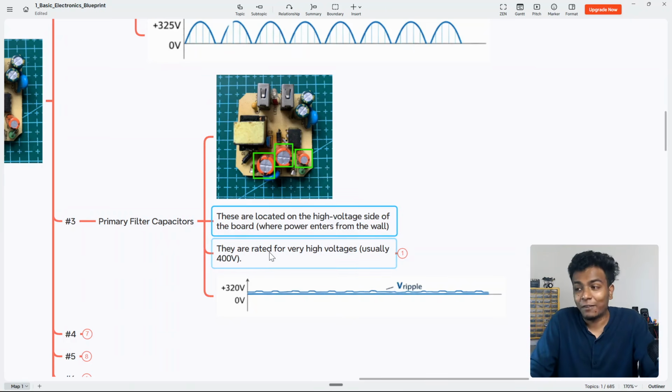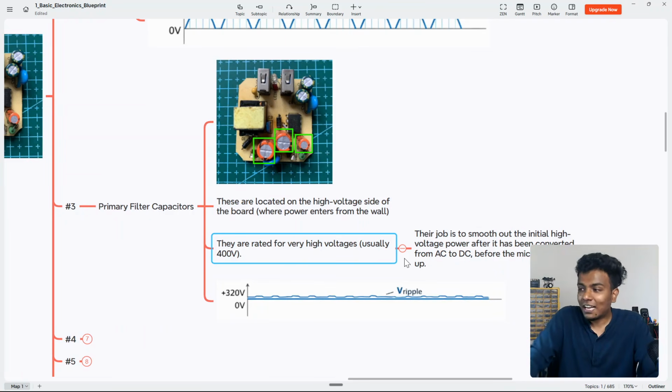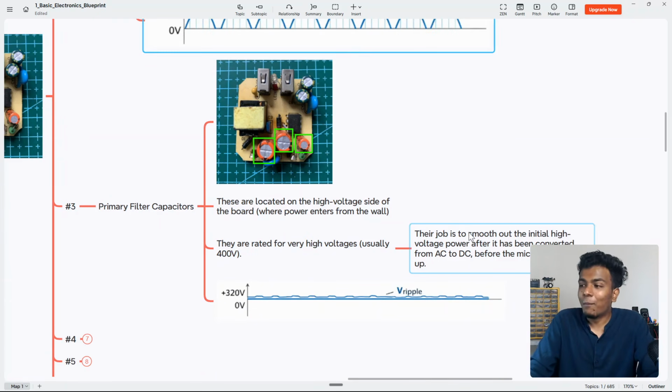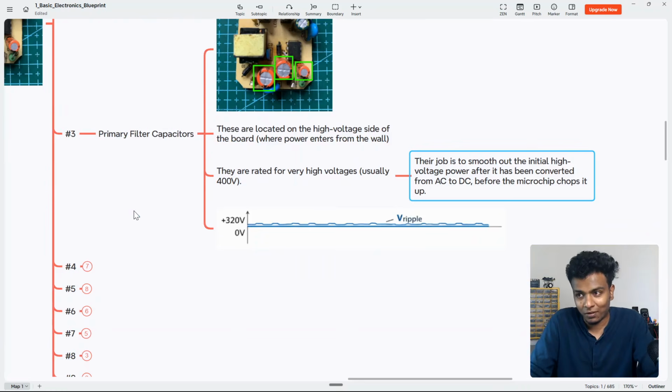They are rated for very high voltages. That capacitor helps convert the AC to DC again, but smoother than before. You can see here the curves are very sharp, but this filter makes it a little smoother than before. That is what the primary filter capacitor does.